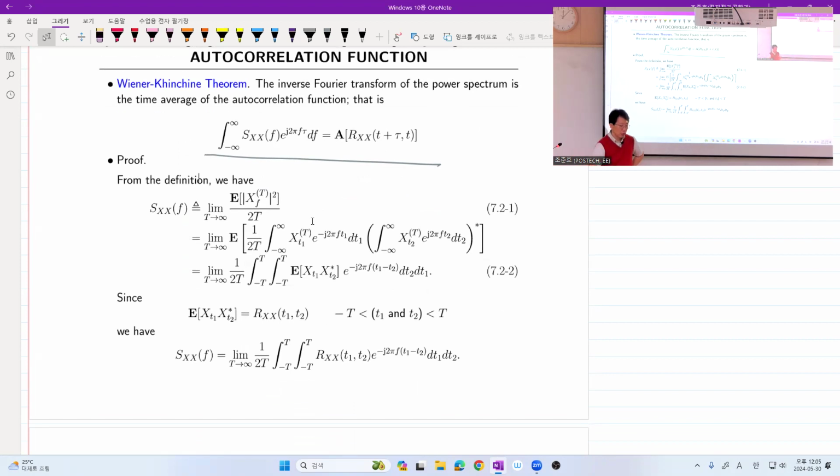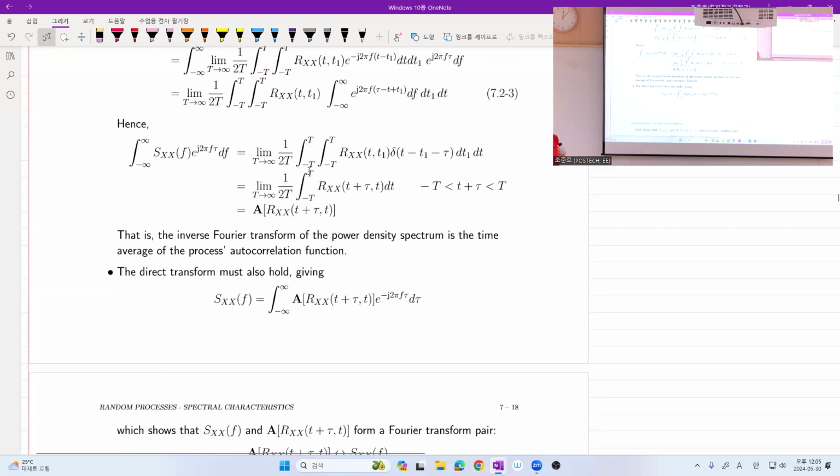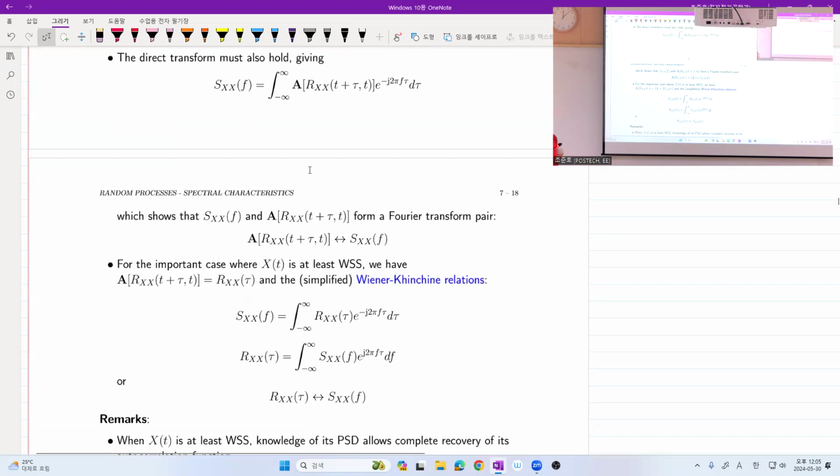Okay, so I'm just showing you how to derive, but I will not tell you line by line. But anyway, what is important is this one. The time-averaged autocorrelation function of the random process, parameterized by t plus tau and t, is the Fourier transform pair of the power spectral density.